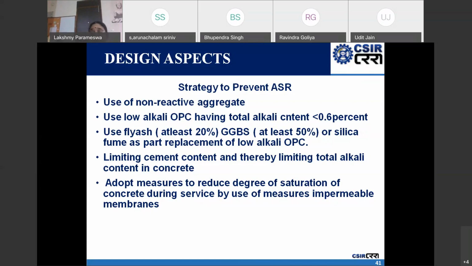But what is important is test the aggregate and use non-reactive aggregate.